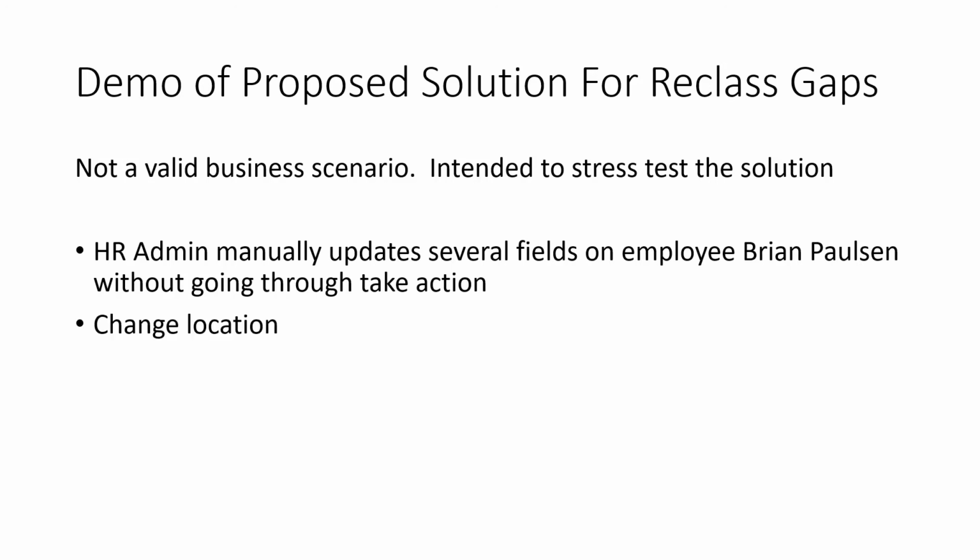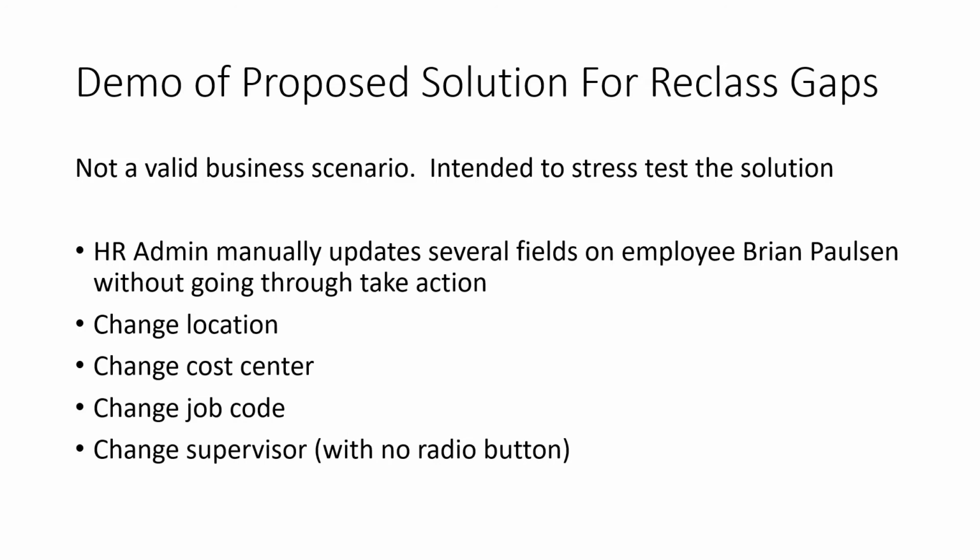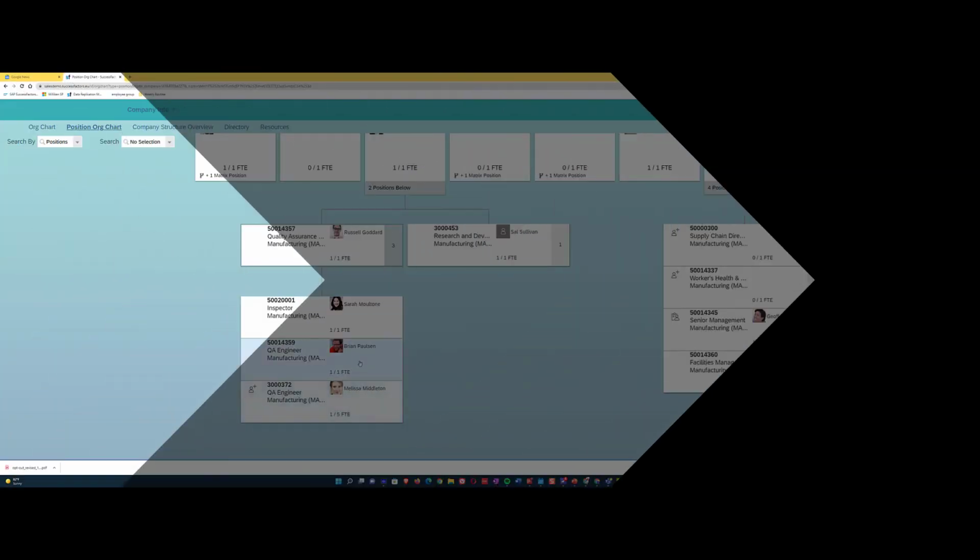They're going to change a location, change cost center, change job code, and lastly, also change supervisor, but with no radio button. Normally, if we went through all these steps manually, for sure your position and your employee would be greatly out of sync. So now let's see what happens in our example.